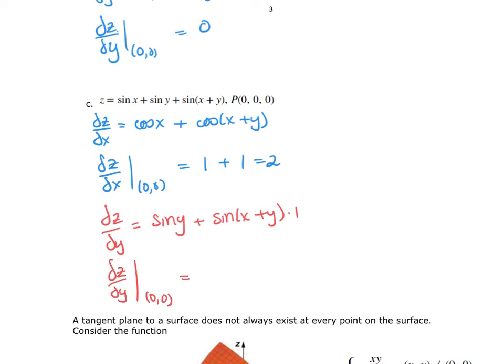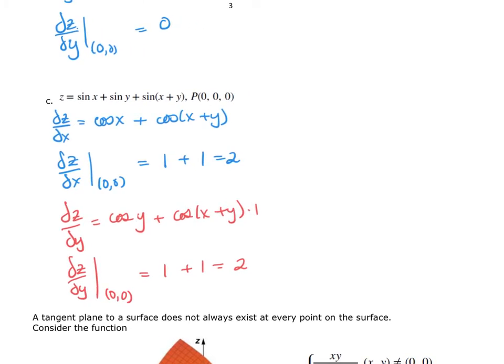I don't know why I put sines there. Let me erase. Those are cosines. Derivative of sine is cosine all day long. Okay, so cosine of 0 is, of course, 1, and then the cosine of 0, of course, is 1, so I end up with 2.